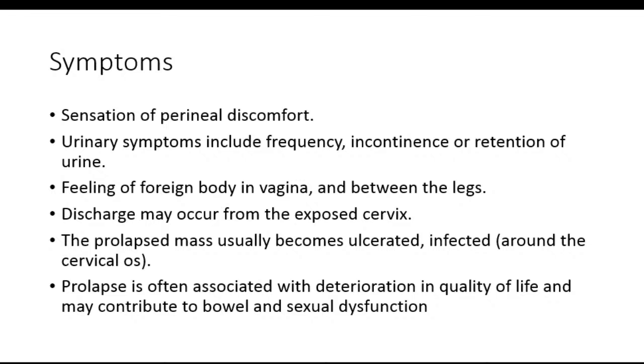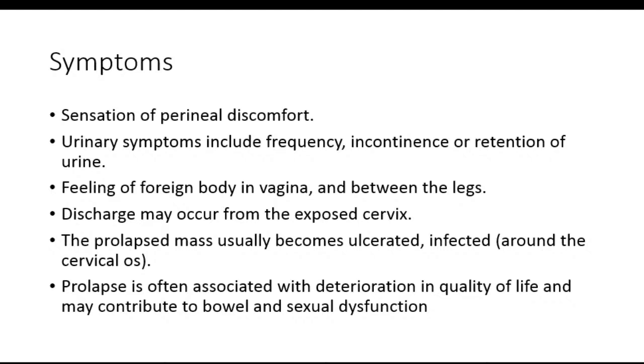Some patients have a sensation of foreign body in the vagina. Of course, no foreign bodies really in the vagina, but sensation of foreign body in the vagina or between the legs. Many patients complain of pathological discharge from the cervix.